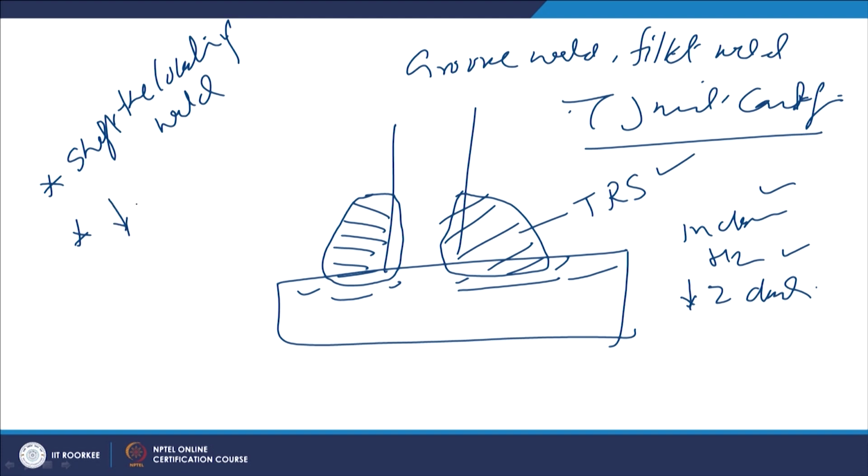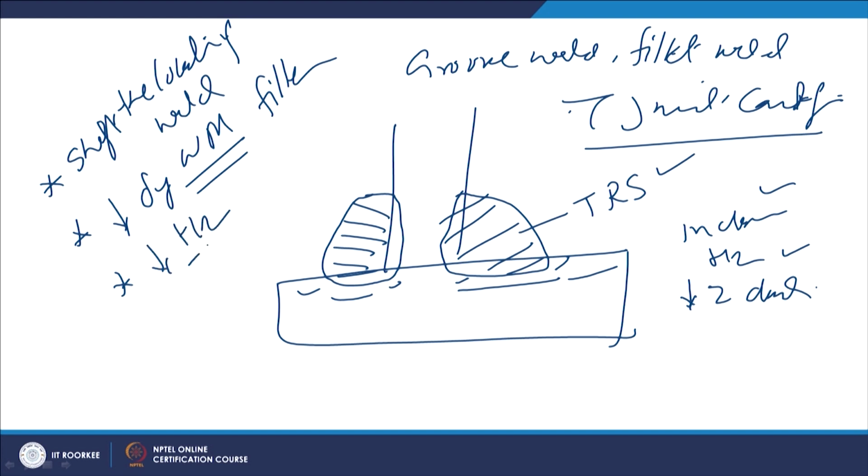As far as possible, use low yield strength weld metal. The use of low yield strength filler metals will help in reducing the residual stress magnitude, which in turn will help in reducing the tendency for cracking. Reduce the hydrogen concentration. This can be done through the use of low hydrogen consumables or proper precautions during welding, so that the entry of hydrogen in the weld metal can be reduced.